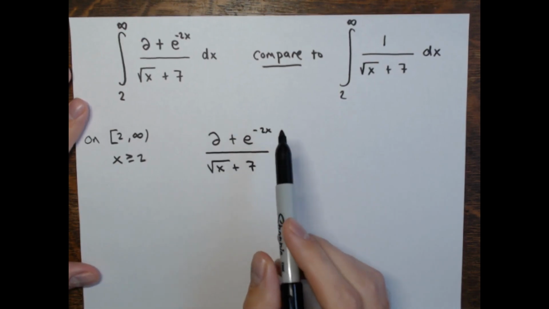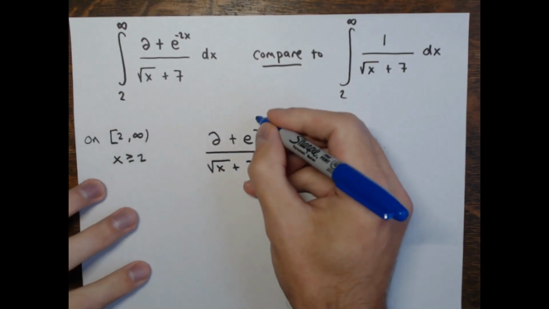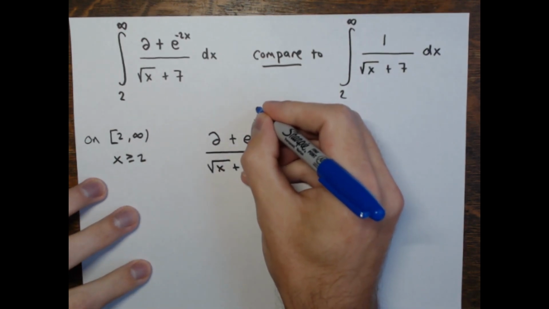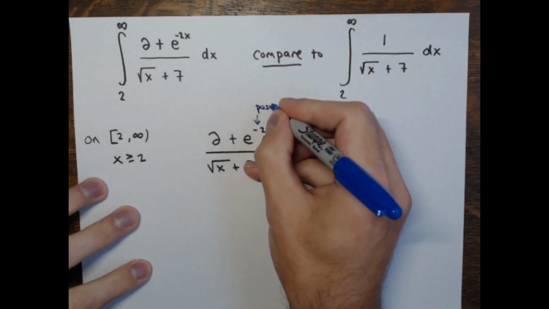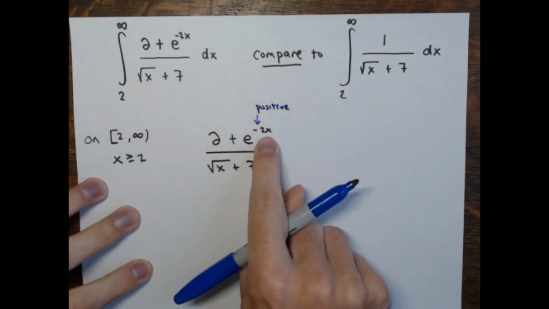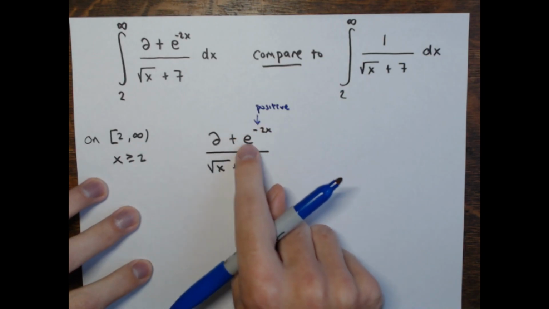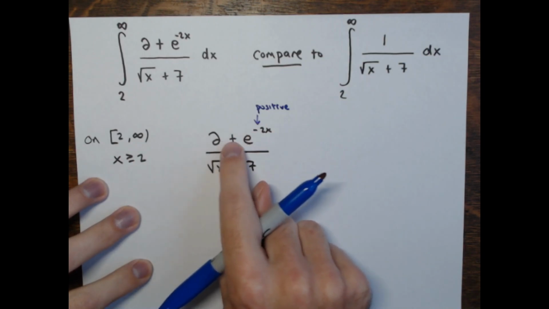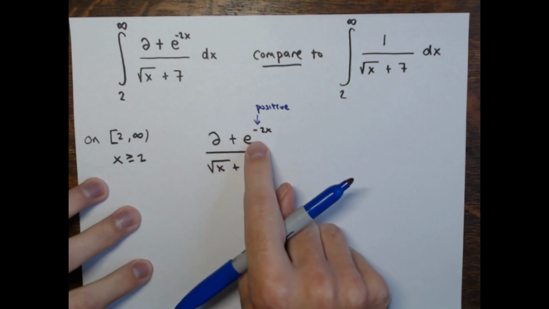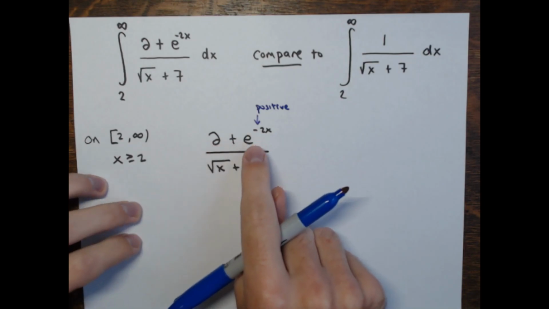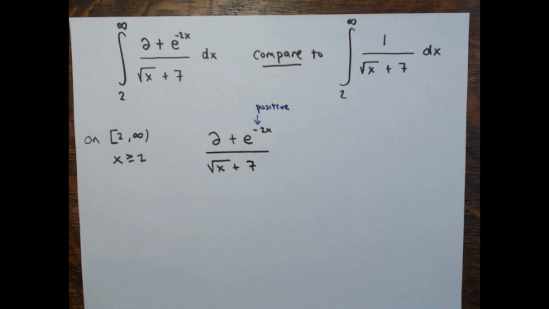If I get rid of this term, e to the negative 2x, that's a positive number no matter what real number you plug in for x. E to any power is positive. If I get rid of that, that'll make the numerator smaller, and when you make a numerator smaller, you make a number smaller.